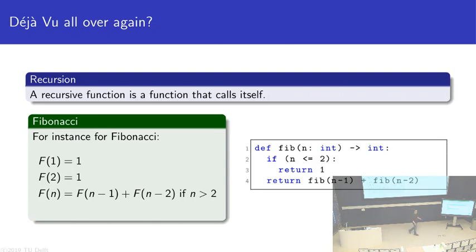And I can translate this to Python. If n is smaller than or equal to 2, I'll return 1, because those are the first two Fibonacci numbers. And otherwise, return F(n-1) plus F(n-2). A recursive function because it's a function that calls itself. So far, so good?